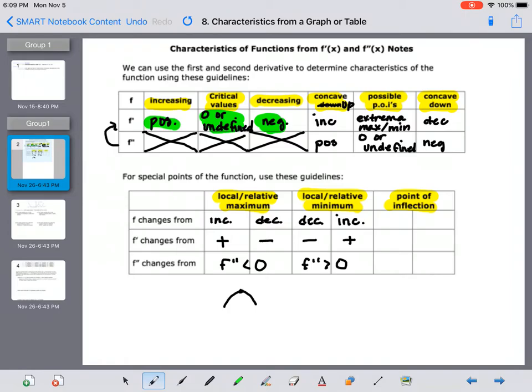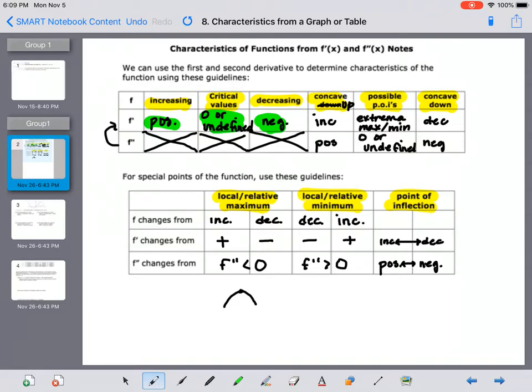Now our point of inflection was based on our second derivative. If our second derivative changed from positive to negative, or from negative to positive, these work in both directions. If our second derivative changed sign, that means we had a point of inflection. But if we go back to the relationship from the top chart, that meant that our first derivative was going from increasing to decreasing, or decreasing to increasing.